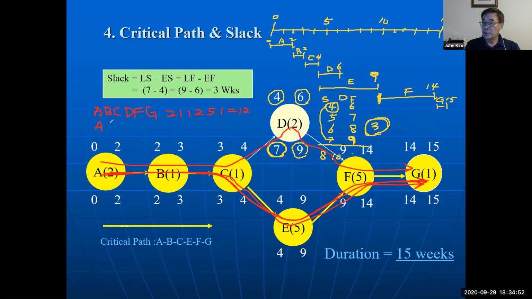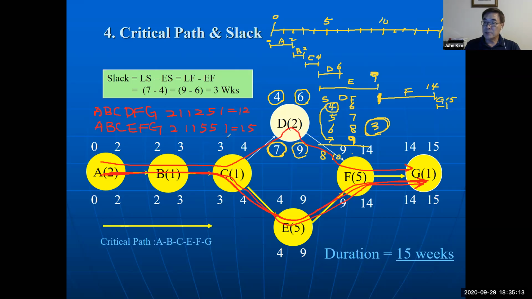And the other path, A, B, C, E, F, G: 2 plus 1 plus 1 plus 5, another 5, and 1 equals 15.